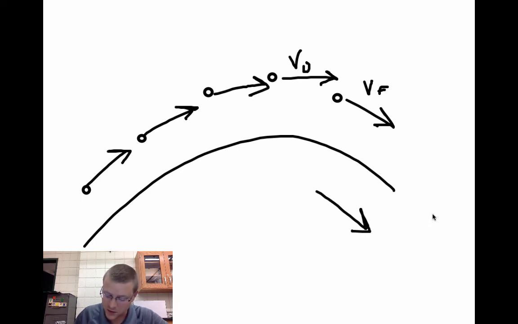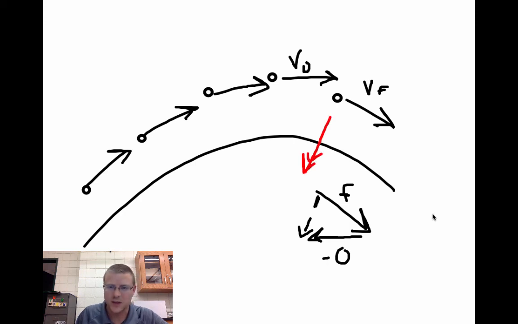So the minus initial is back in this direction. Here's your final, and here's minus VO. What that gives us is a change in velocity in that direction. So as you're going around that bend, you are actually changing your velocity, or accelerating, in towards that bend, just taking the final minus the initial vector.